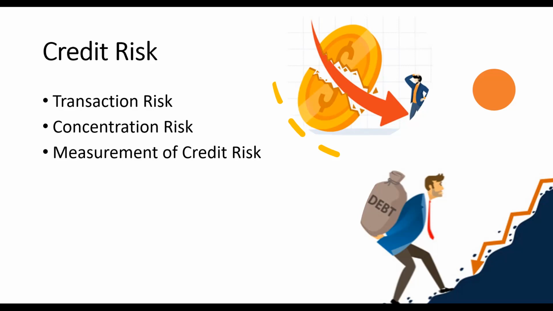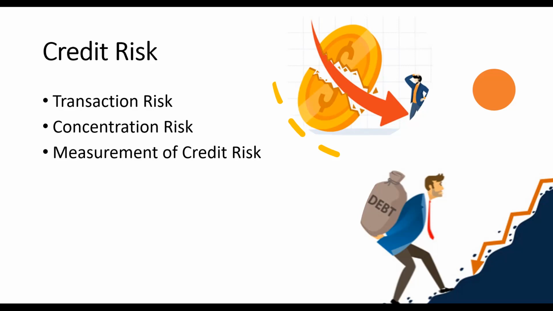And the last type is measurement of credit risk. It is how to calculate the credit risk. To calculate it, we need to know what is the exposure to credit given, and at the same time, what is the possibility that the borrower may not pay the funds.